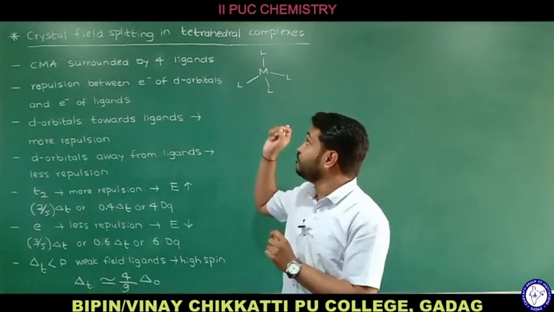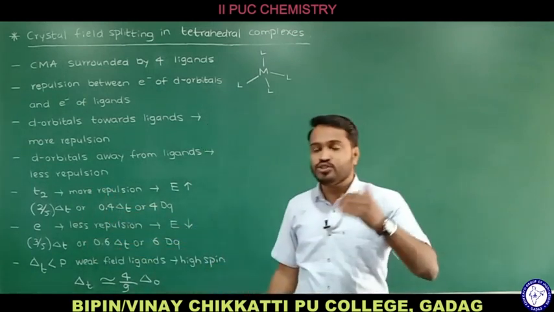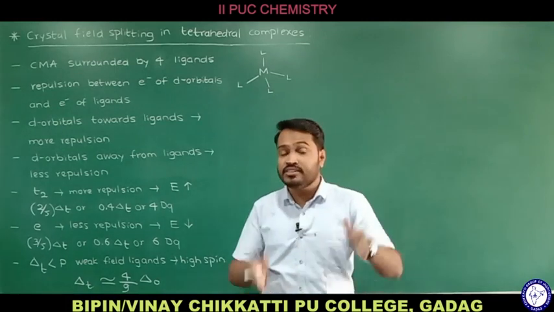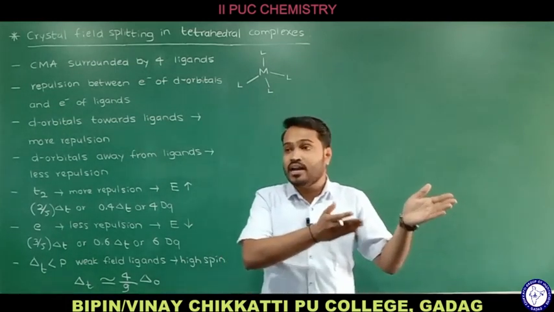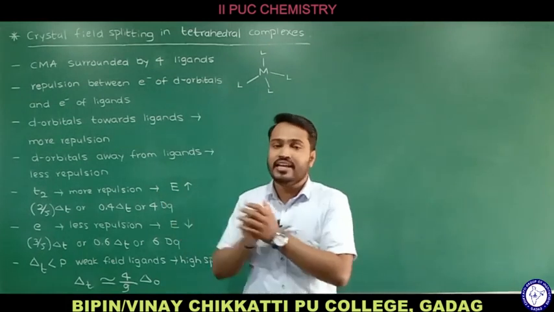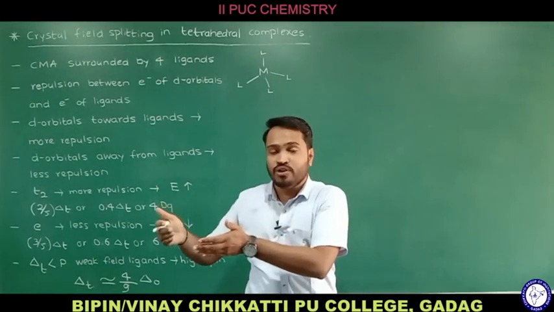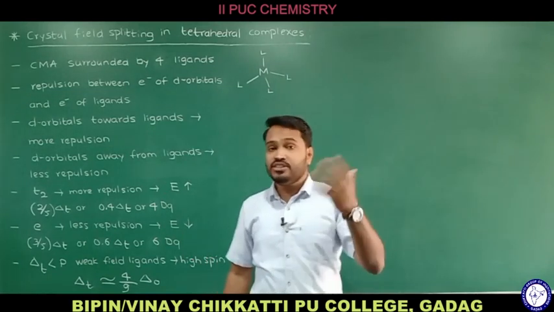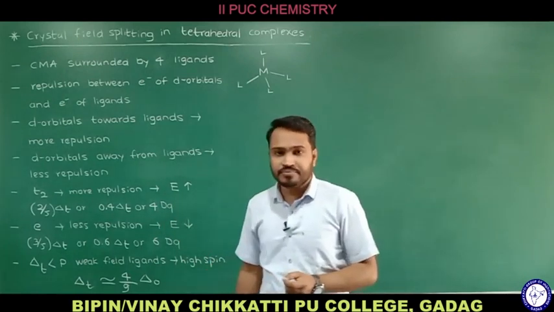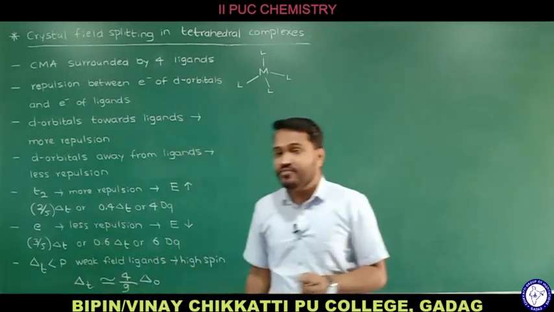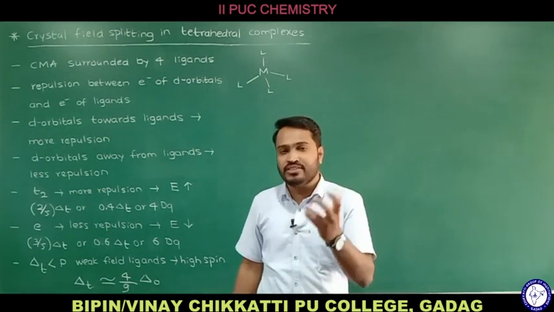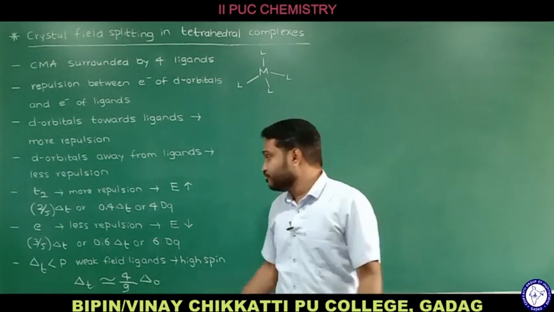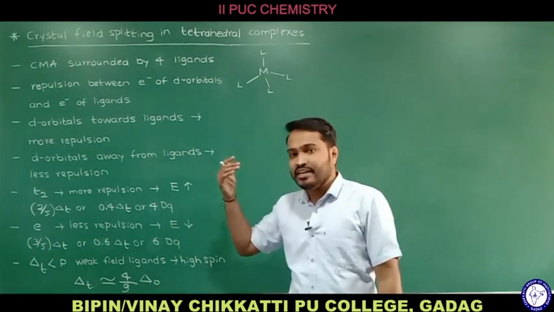Why does T2g experience more repulsion in tetrahedral? Because the T2g orbitals are approaching towards the ligands. These d orbitals are nearer to the ligands, therefore repulsion is more, and when repulsion is more, the energy is high. Whereas the Eg orbitals experience less repulsion, because in a tetrahedral complex they are far away, so they have less energy.